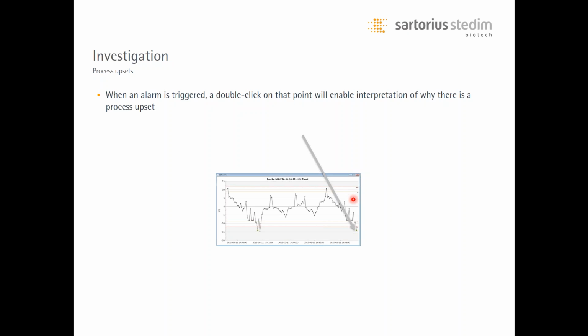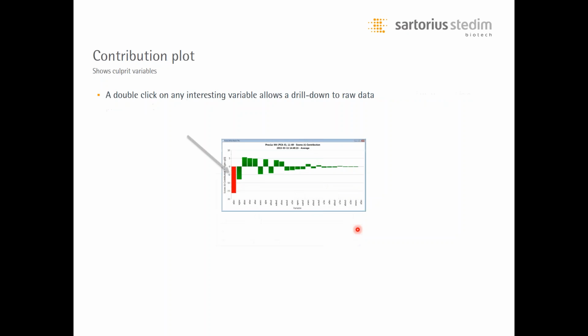So here we're seeing a score plot where we have a deviation that's happening, and you can then double click on this point, and that will then generate a contribution plot, which allows you to see all of the original variables, puts us back into that space, and shows us which variables are the key contributors to this particular process deviation that we're seeing.